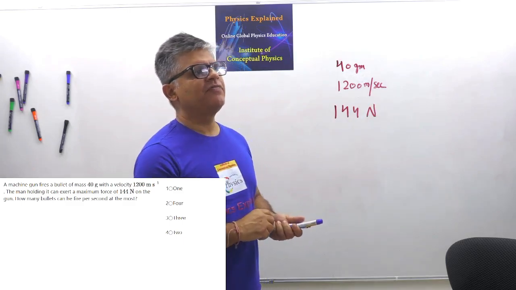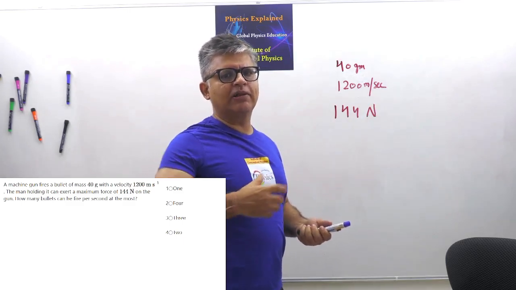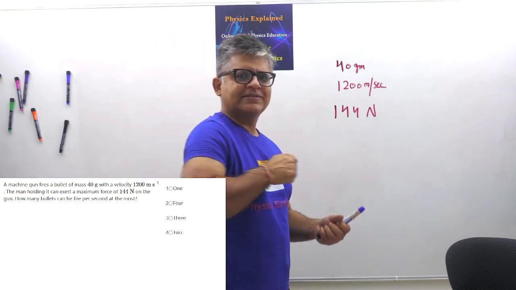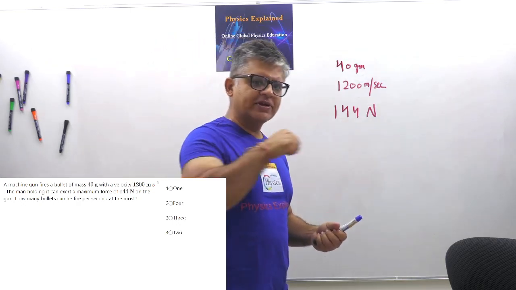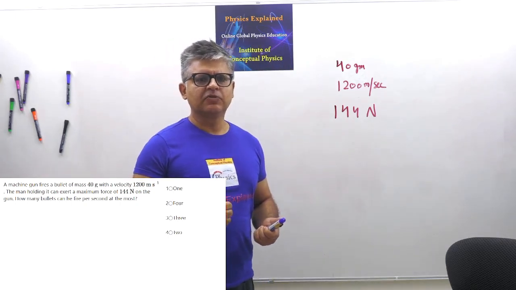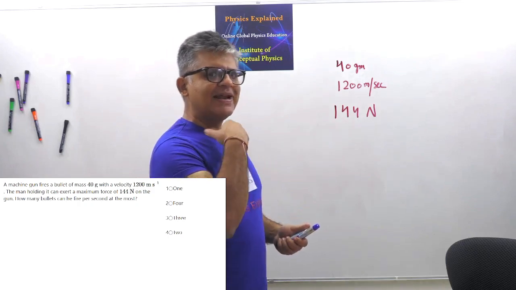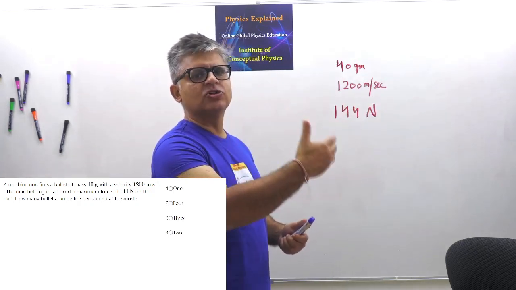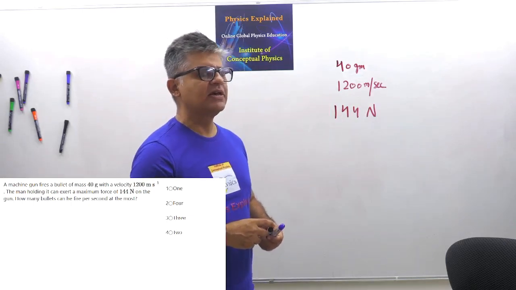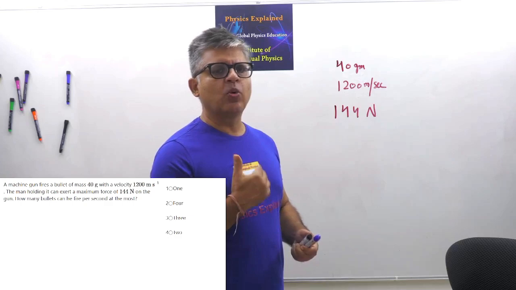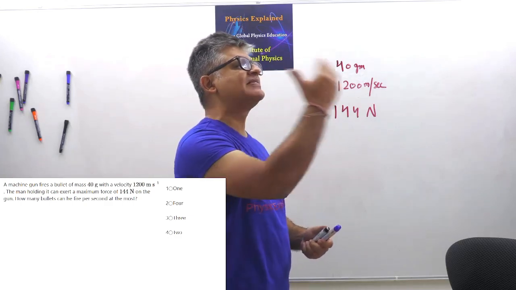But if you want to stop this recoil, what you do is you exert a forward force. If the rate at which the momentum is changing, right? There is a rate also associated with momentum because the bullets are coming out with a certain frequency, which means the number of bullets per second.